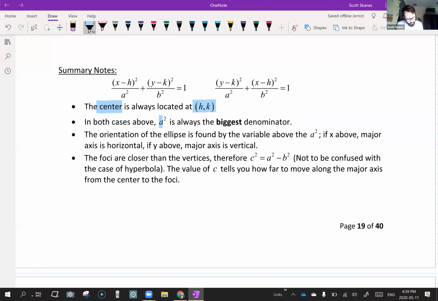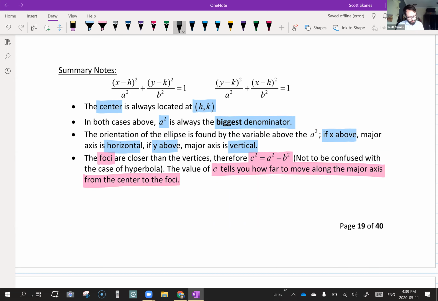So a squared is always the biggest denominator. Whichever one, so for example, if x is above a, the major axis is horizontal. If y is above a, the major axis is vertical. And finally, the foci are related to the c value. C tells you how far along to move on the major axis.